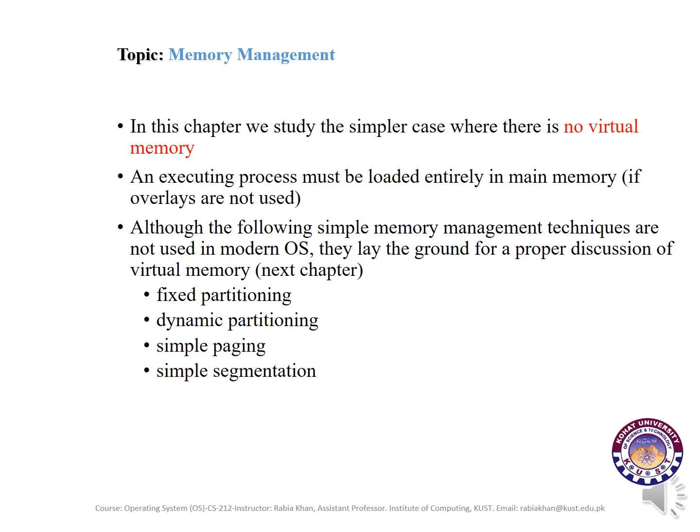Main memory is normally partitioned in two ways, either fixed partitioning or dynamic partitioning, while paging and segmentation is actually the partitioning of user programs, which we will be discussing in the next lecture.